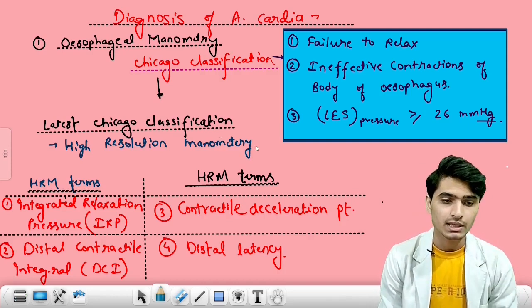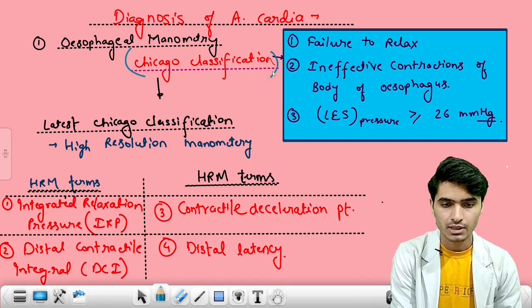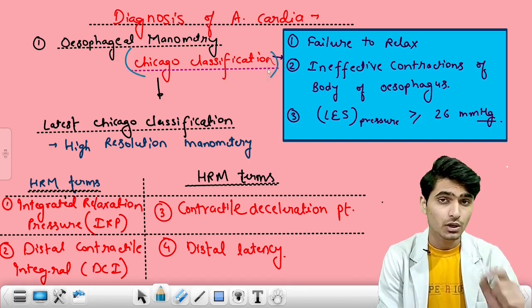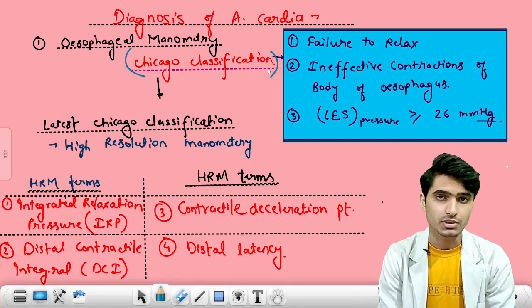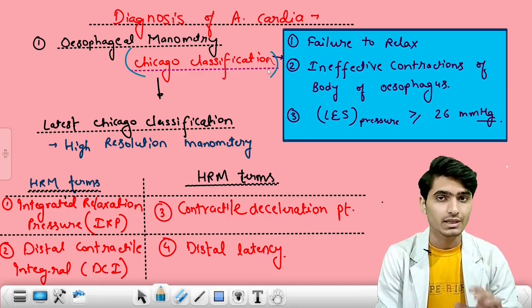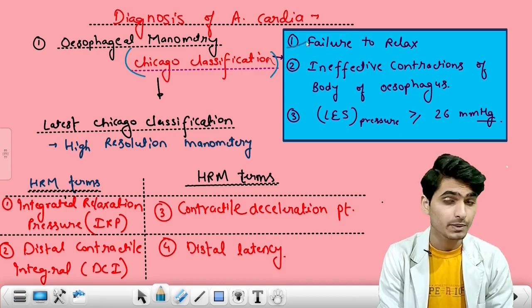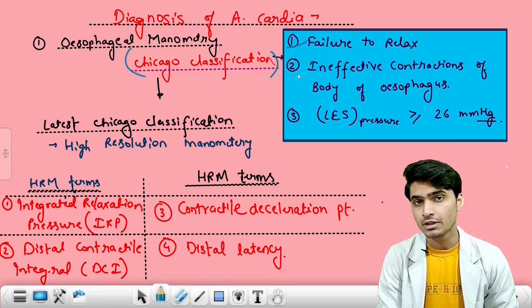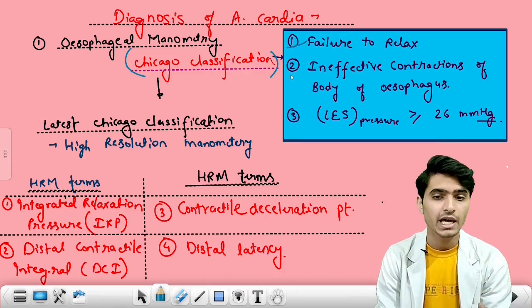And number one thing is the Chicago classification here. In the early Chicago classification, only plain esophageal manometry was used, and the criteria for it were three. Number one is the failure of relaxation of the LES.